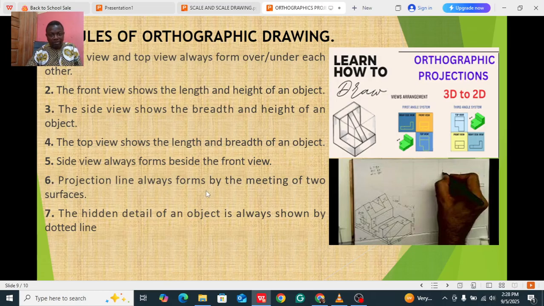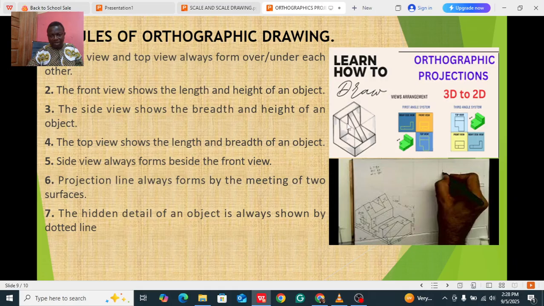Projection lines are always formed by meeting two surfaces. We're going to see that in the practical section. And then the hidden details of an object are always shown by dotted lines. So these are rules you have to observe. When you are given a particular shape, you begin to ask yourself, where is the length? Where is the breadth?